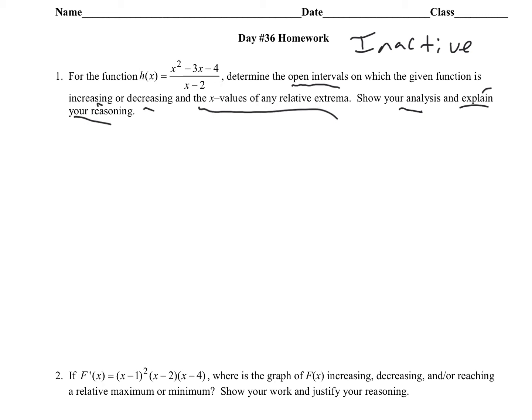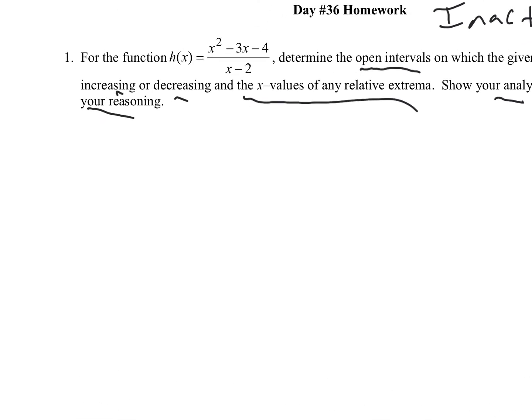All right, so what do I do to determine intervals of increasing and decreasing, let alone max and min? You do the derivative. This is a quotient, so we start out just doing the derivative, and that'll be worth points. So the bottom times the derivative of the top, 2x minus 3.